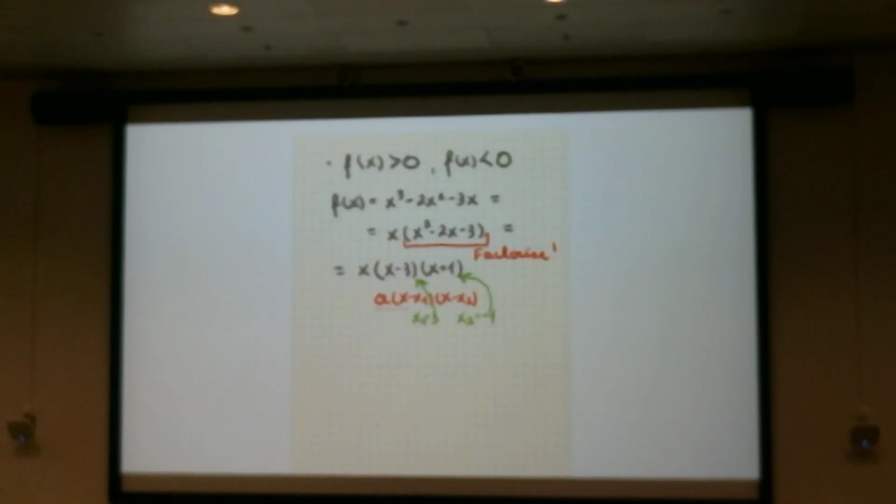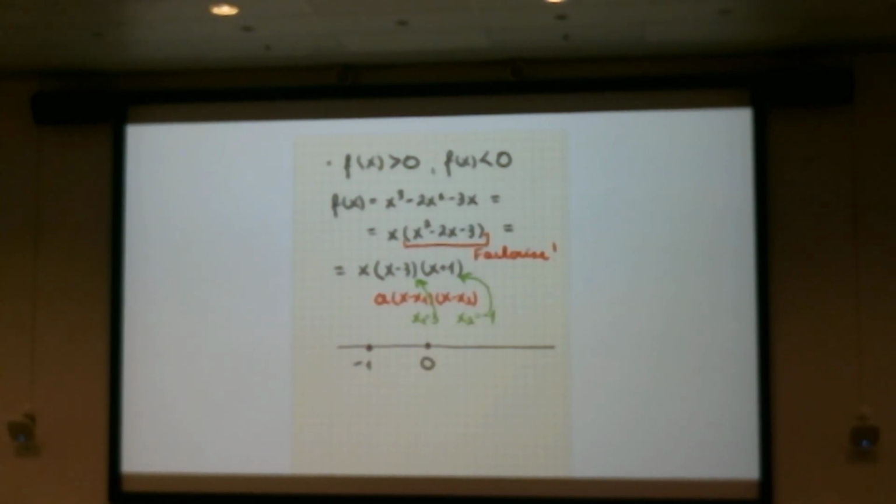Okay, so now I have this very nicely factorized, meaning that now it's straightforward to implement sign diagram. I know where this whole function is equal to 0. It's equal to 0 at 3 points.